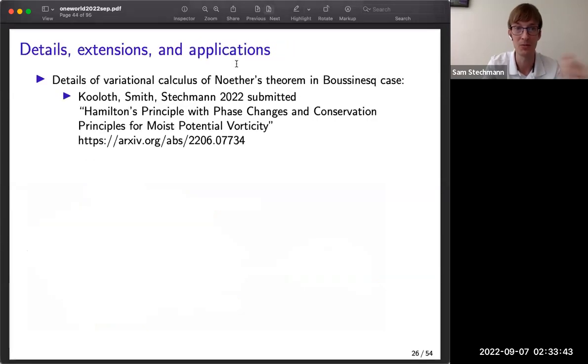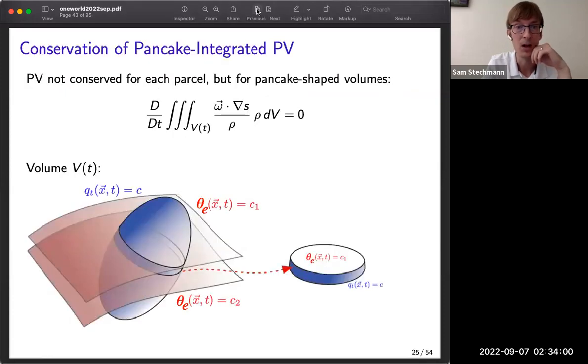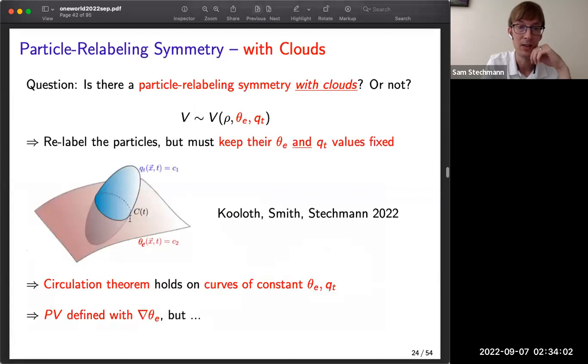And so we thought about some other details and extensions of this. Question: why is it obvious that QT curves are closed on theta E surfaces? Yeah, it's not. They might not be. For each closed QT curve on a theta E surface, you will have a circulation theorem for that curve.